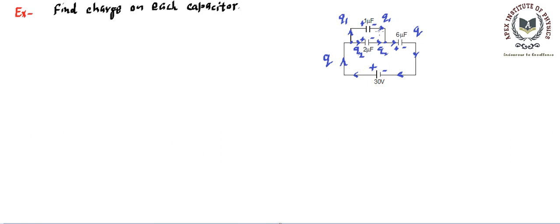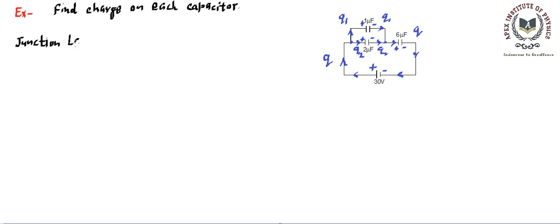So Q, Q1 and Q2 are the 3 unknown quantities we want to solve for in the circuit. If we want to solve for these 3 quantities, we need at least 3 equations. So for that we are going to apply the junction law. So let's apply the junction law.